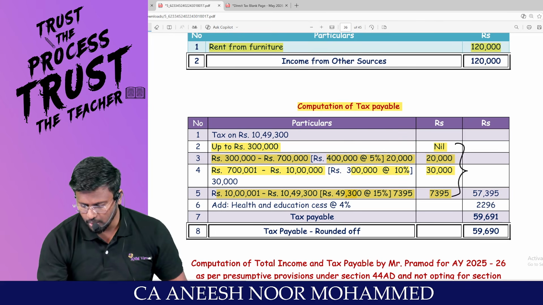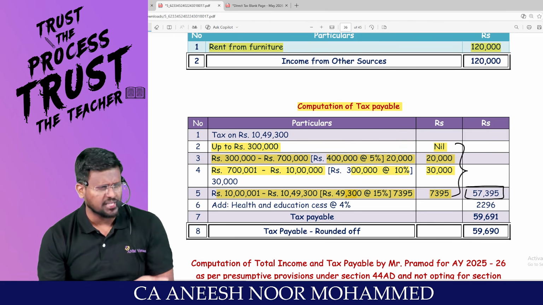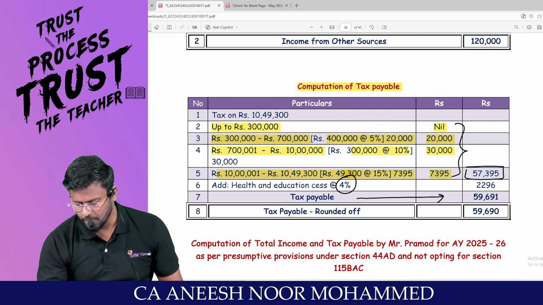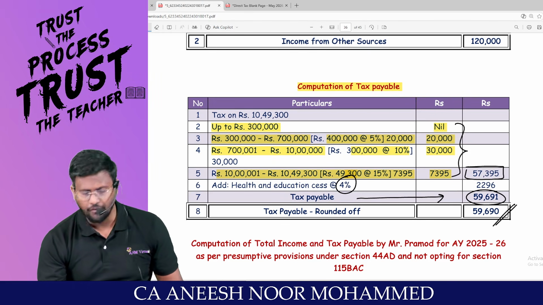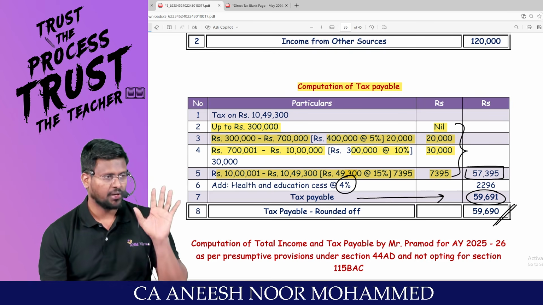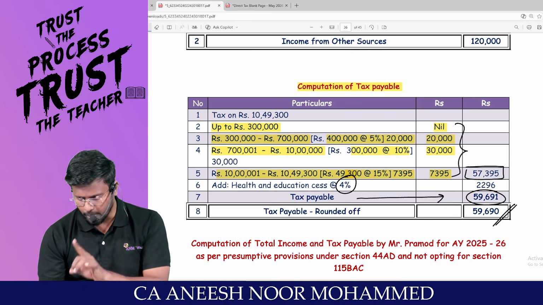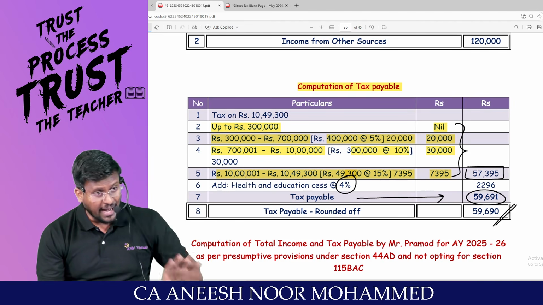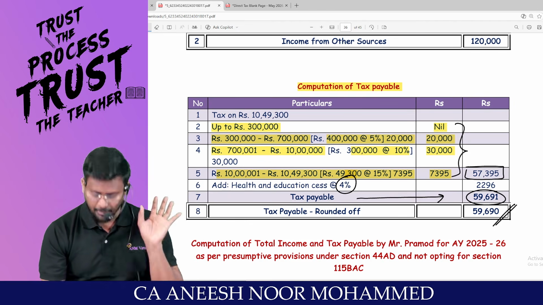So the total will be 57,395. There is no headache of the surcharge and all. Add health and education cess, tax payable will be 59,691, rounded off to 59,690. Option number 1: if you calculate PGBP using normal provision, and if you calculate the ultimate tax payable under the default tax regime, this will be the tax payable.